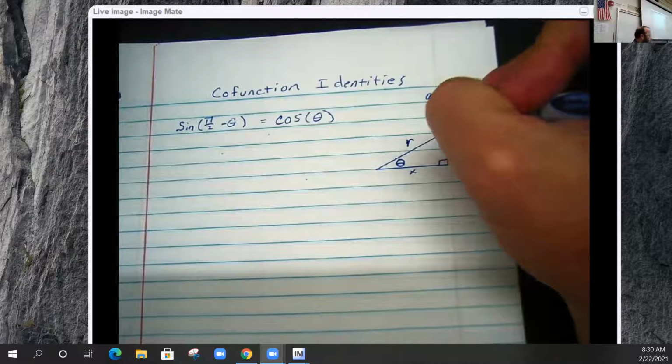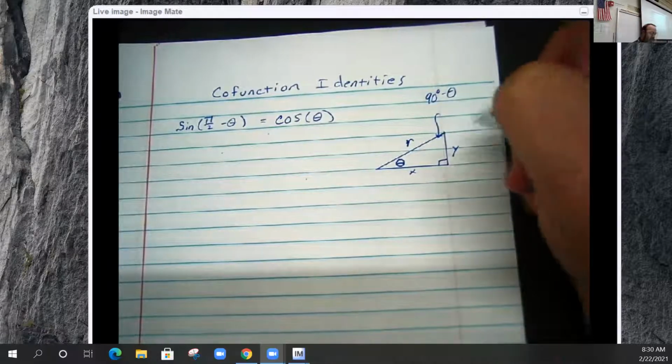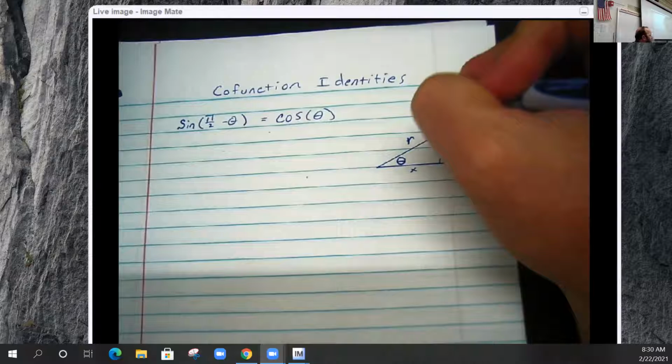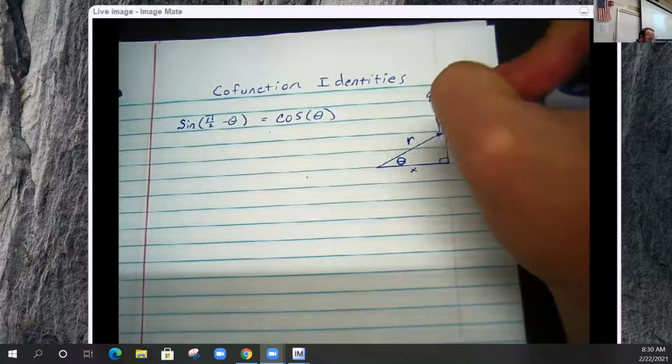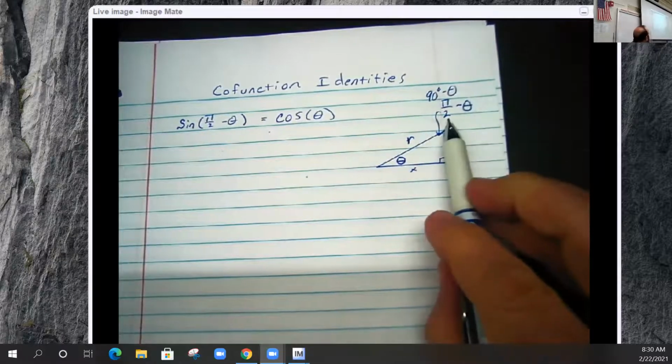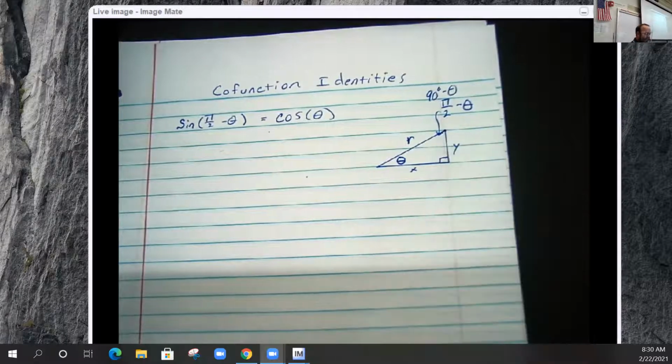So what we tend to do, because radians are just easier to play with, we tend to substitute instead of 90 degrees, what is that in radians? Pi over 2. So instead of 90 degrees, let's do pi over 2 minus theta. And remember, if we're in radians, we don't put any kind of extra stuff on it, right? Now check this out.